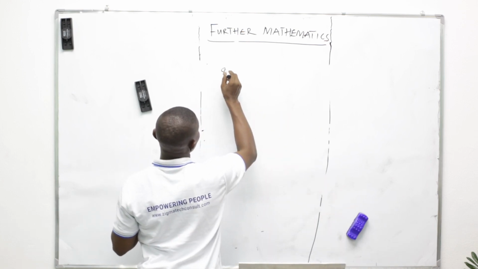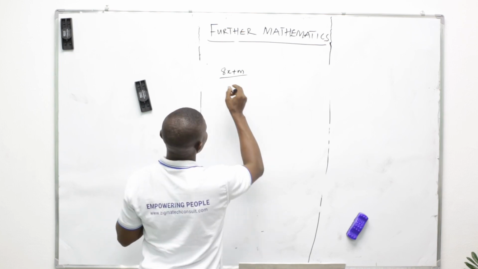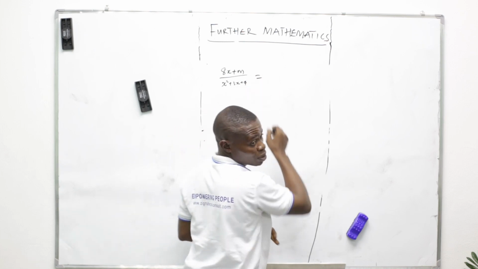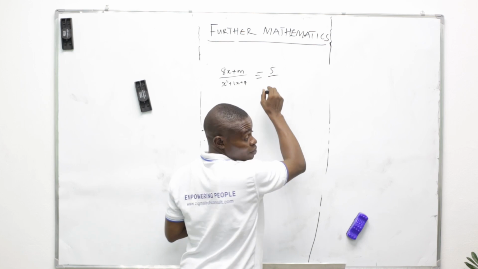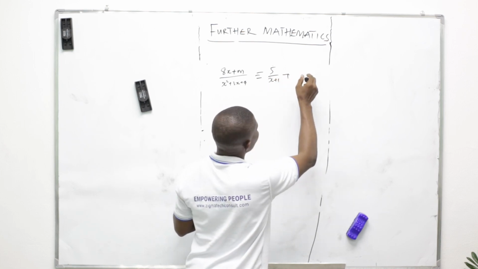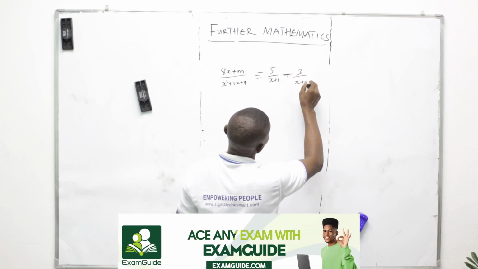We have that 8s plus m all over s squared plus 3s plus 4 is equivalent to 5 all over s plus 1 plus 3 all over s plus 4.